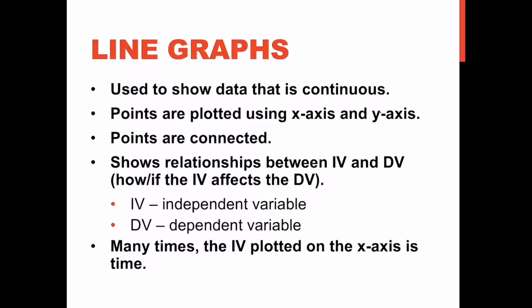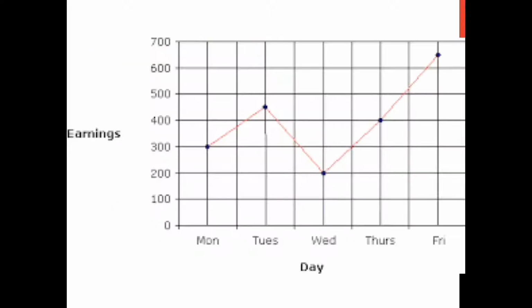Typically, the independent variable is plotted on the x-axis, and it's usually time. With line graphs, typically, we deal a lot with time. So this is what a line graph looks like. If you were not picturing this as a line graph, maybe you were picturing a scatter plot.